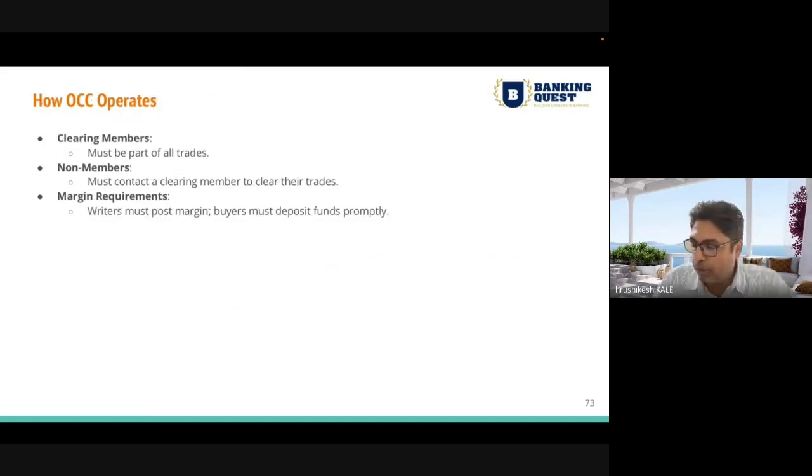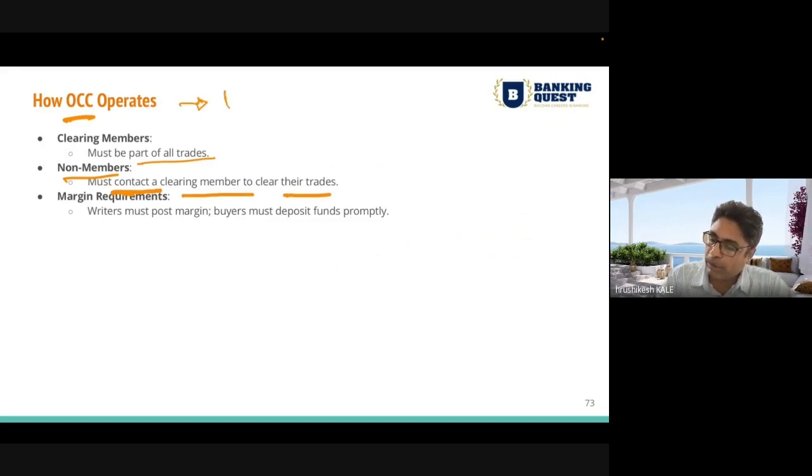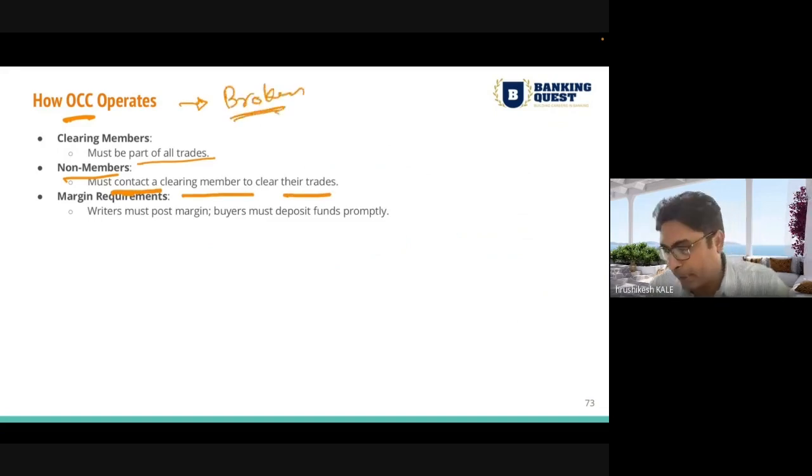If you are a clearing member, you must be a part of all trades. If you are a non-member, OCC must contract a clearing member to clear your trades. So OCC has its own brokers as clearing members, and they clear the trade, basically.